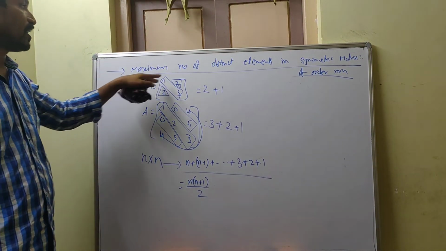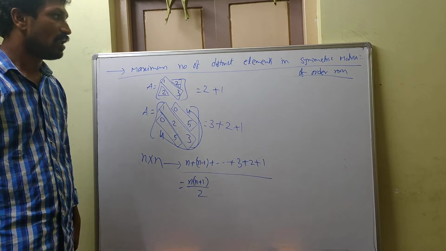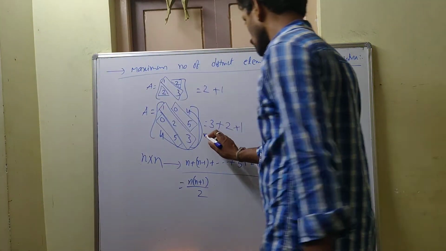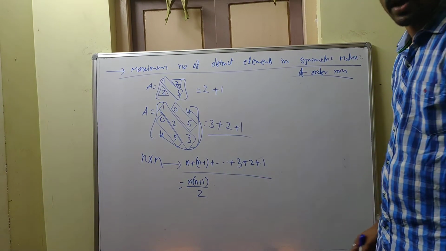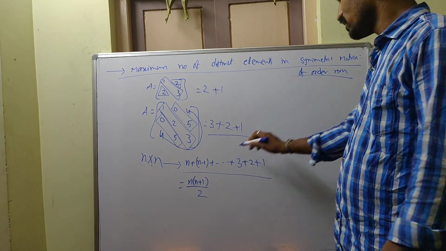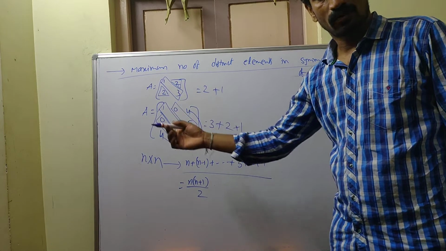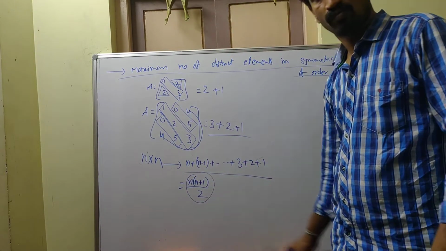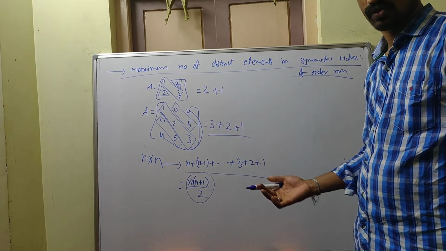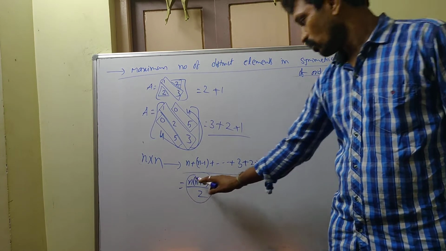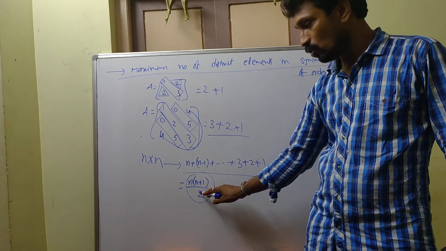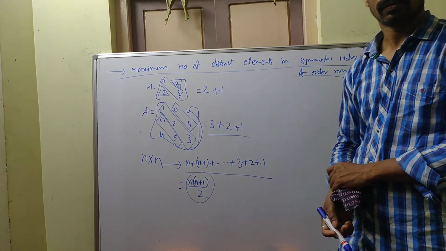If I ask you to find the maximum number of distinct elements in a symmetric matrix of order 3 by 3, what is the answer? 1 plus 2 plus 3. If I give 7 by 7, the answer is 1 plus 2 plus 3 plus up to 7. Otherwise you can substitute here, 7 into 7 plus 1 by 2. If you want it for order 2021, then 2021 into 2021 plus 1, that is 2022 by 2. That is your answer.